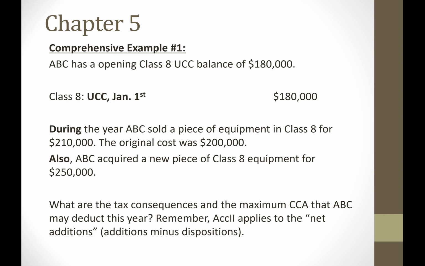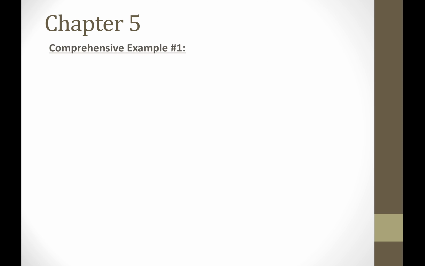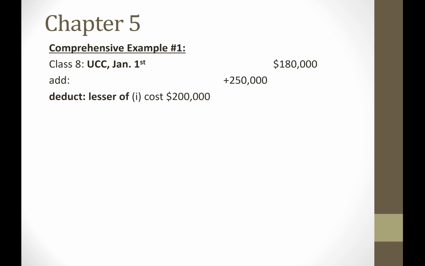Okay, let's move on to the next slide and look at the solution. Now we started off with 180. We added a new asset for $250, and then we sold an asset. Now, whenever we sell an asset, we deduct the lesser of cost or proceeds. The lesser is going to be cost, and so our net additions is $50,000.